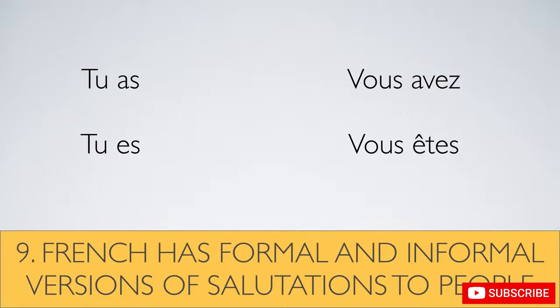Now English used to have this, but it changed centuries ago, where we had thou and thee, and then we had you. Thou and thee were actually the informal versions. So thou and thee would be used equivalent to tu. Eventually, over time, people started to be more and more formal with each other to show respect in English.